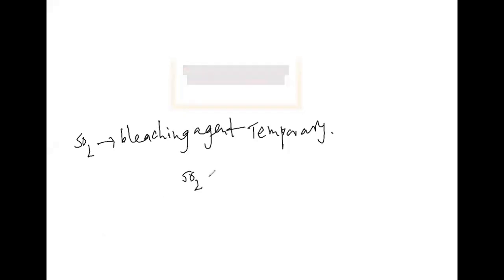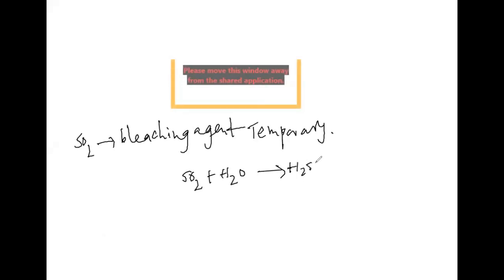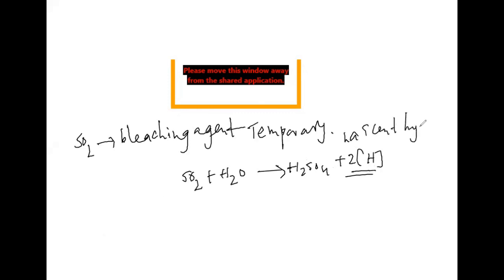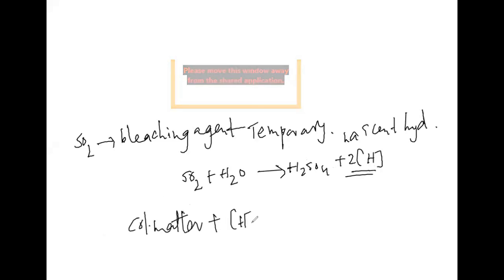For that I am taking SO2 plus H2O gives rise to H2SO4 plus 2H. The bleaching action of this one happens with the help of reduction, that is nascent hydrogen, newly produced hydrogen. When we add this nascent hydrogen to the colored matter, it becomes colorless.